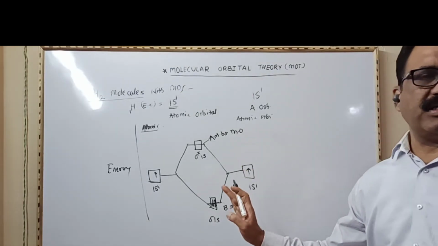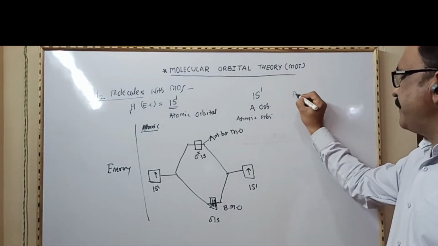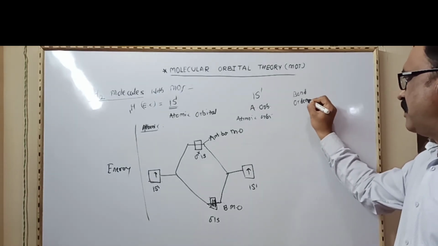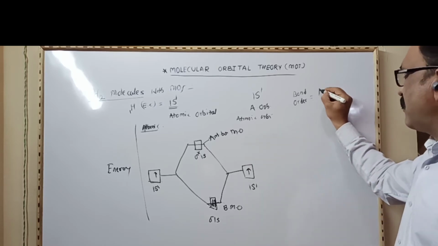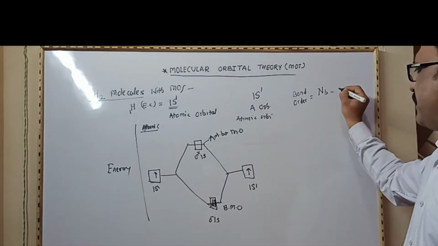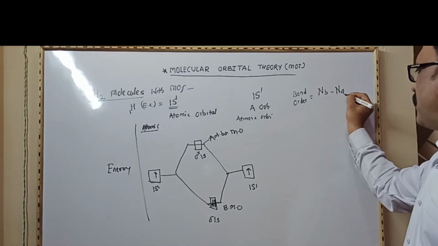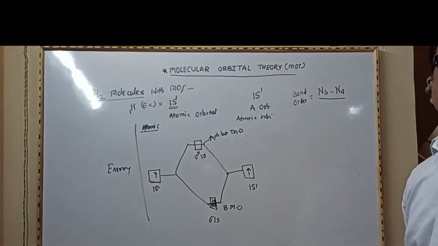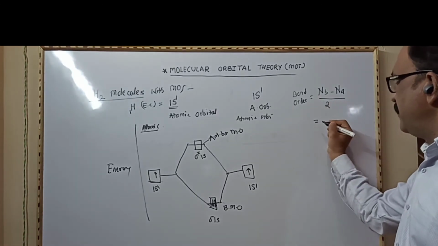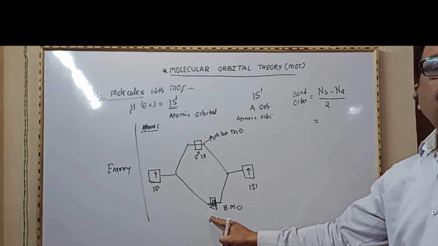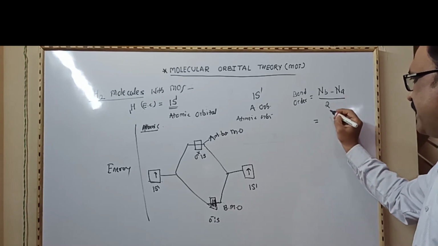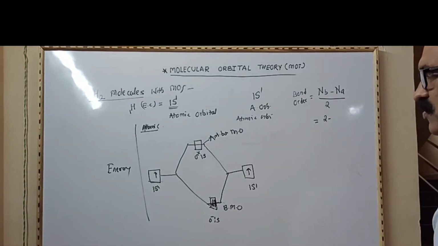The number of bonds, or bond order, is given by a formula: the number of electrons present in bonding molecular orbitals minus the number of electrons present in anti-bonding molecular orbitals, divided by 2. Here, 2 electrons are present in the bonding molecular orbital, so Nb is equal to 2.